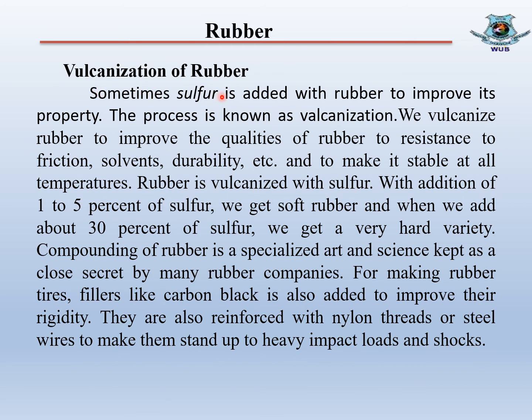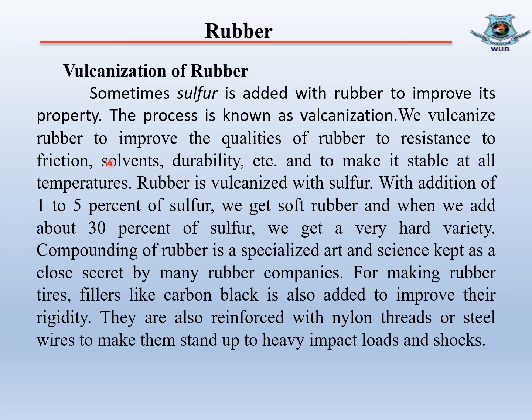Vulcanization of rubber. Vulcanization is the process of manufacturing hard rubber. Almost all rubber today is vulcanized. Sometimes sulfur is added with rubber to improve its property. The process is known as vulcanization.